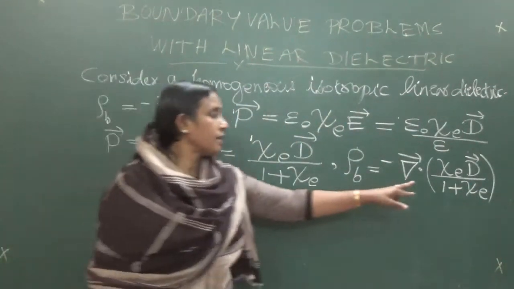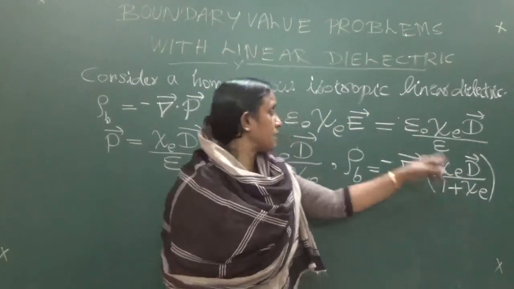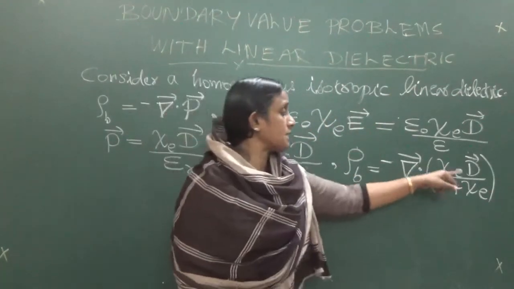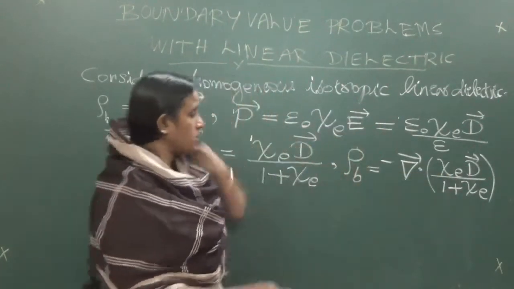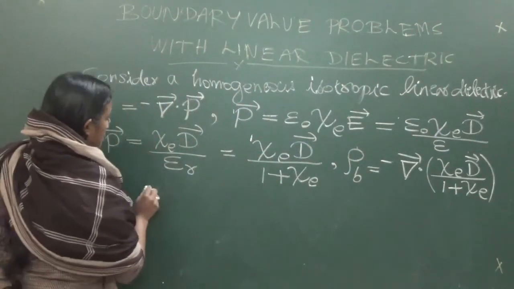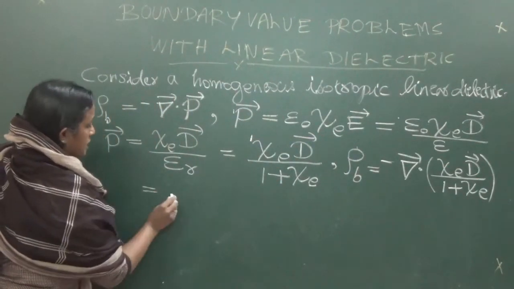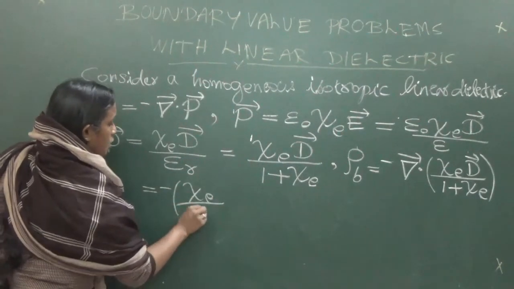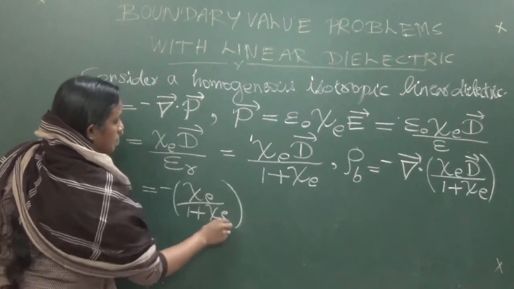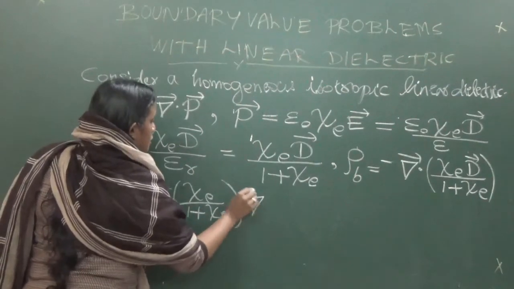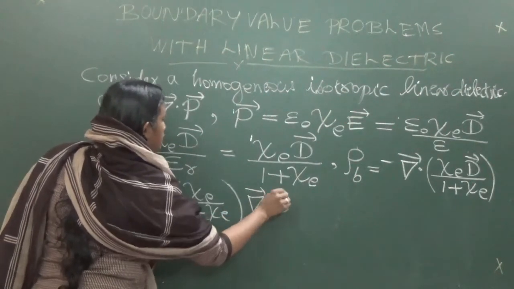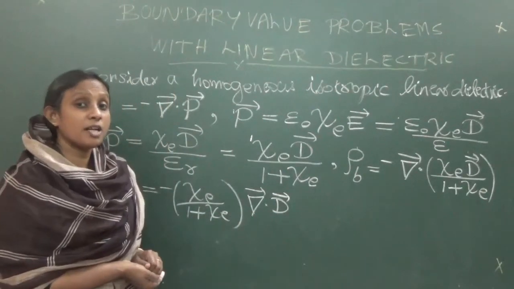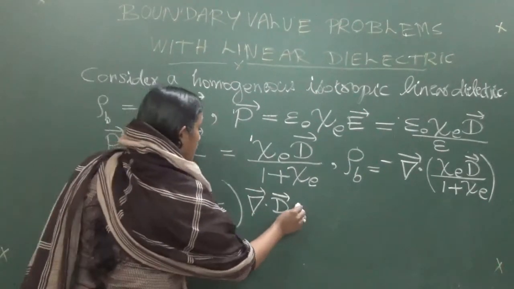Here the electric susceptibility, in the case of a homogeneous isotropic dielectric, is a constant, and you can take the terms outside, so you get minus chi e by 1 plus chi e, del dot D. Del dot D is given by rho f, the free charge density.